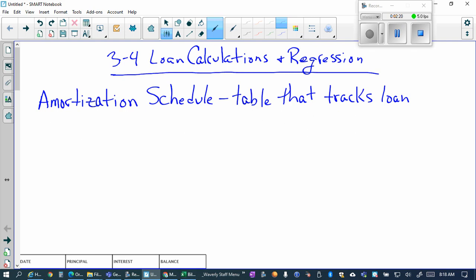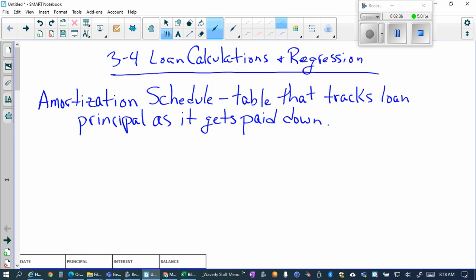You go down page 173, you can look up here. I'll bring this other little chart up here. So early on, your payment is interest heavy, okay? Payments are interest heavy.